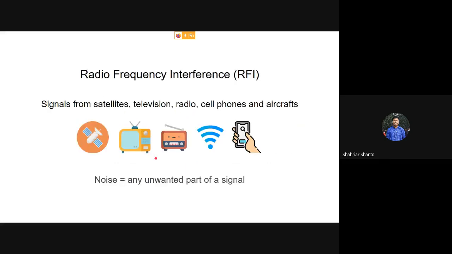Satellites, televisions, radios, Wi-Fi and mobile cellular communications. So all those also use the same frequencies. And when we try to detect astronomical signals from far away, we are being interfered with by these signals. So these signals are noise, actually, or radio frequency interference, to astronomers.